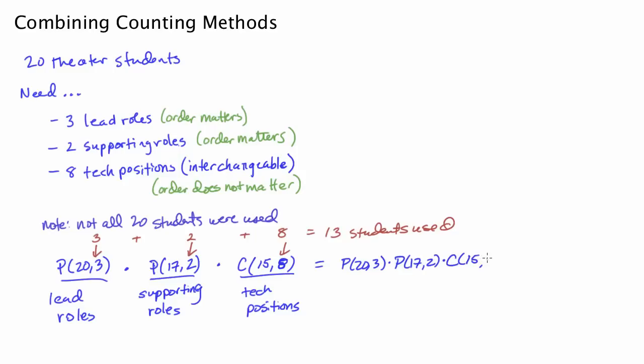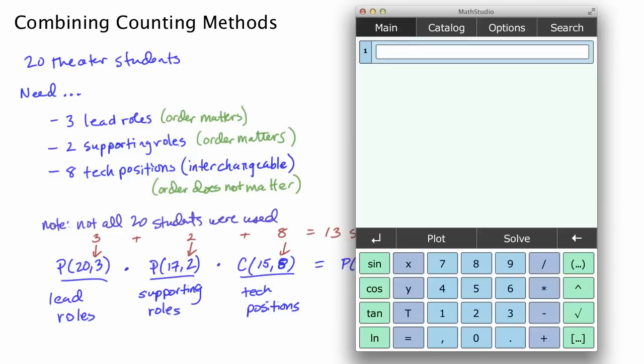So these are fairly large numbers. You wouldn't want to do these by hand, so we're going to bring up our calculator here to figure these out. So we'll start by calculating the permutation first. Followed by multiplying the supporting roles.